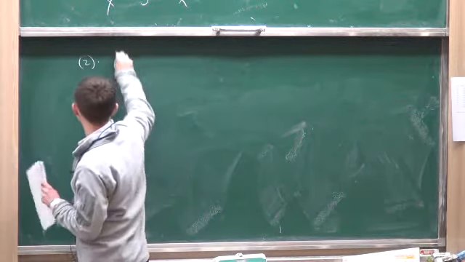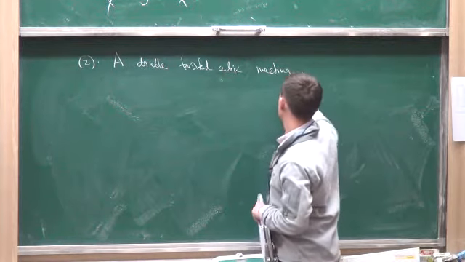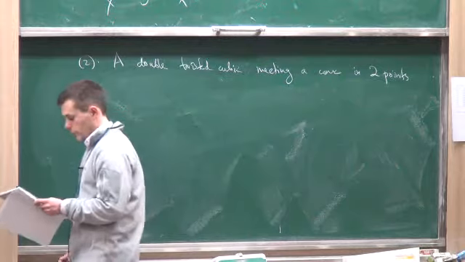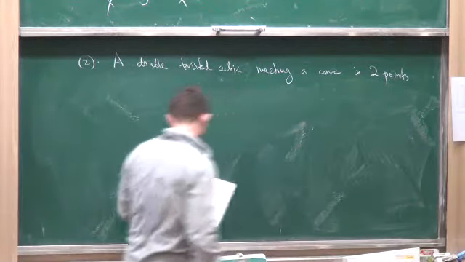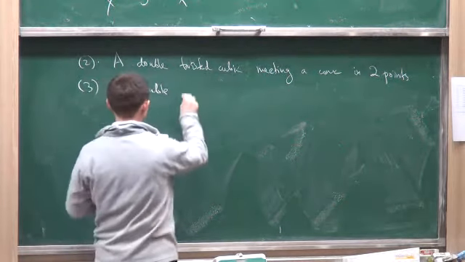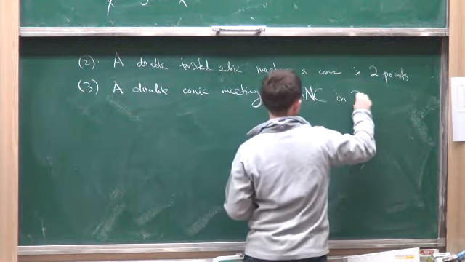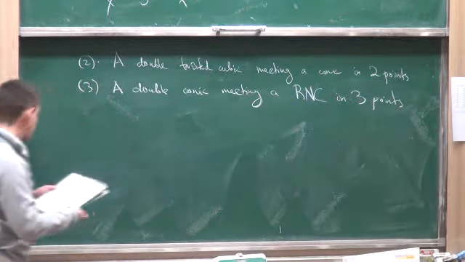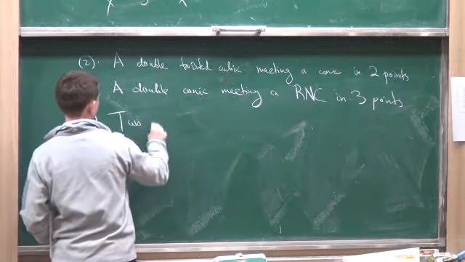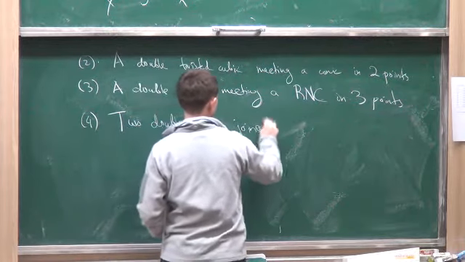So let me just say: a double twisted cubic meeting a conic in two points; a double conic meeting a rational normal curve in three points; and four, two double lines joined by two double conics, two double lines joined by conics.